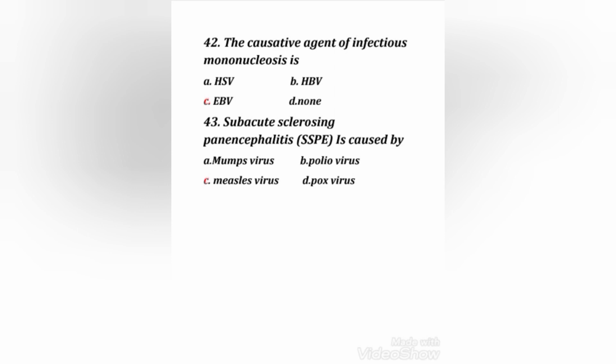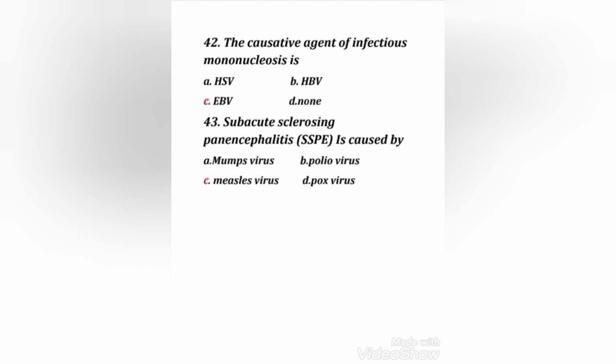Next question. The causative agent of infectious mononucleosis is herpes simplex virus, hepatitis B virus, Epstein-Barr virus, none. Here the right answer is option C, Epstein-Barr virus. And what are other names for infectious mononucleosis? Glandular fever or kissing disease.